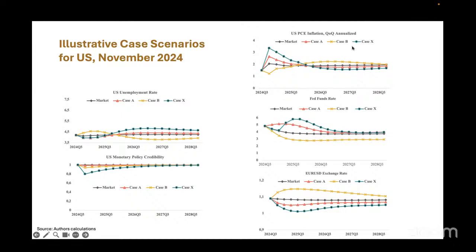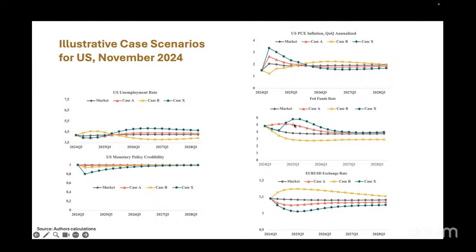And finally, we have another version of case A, I would say a more extreme version of the case A scenario. This is the case X, where we assume that the Fed will follow this soft landing path for a while, and then it will increase the interest rate, delaying its decisive policy action. This hesitation, this delay will cost them a way higher and more persistent increase in the interest rate.